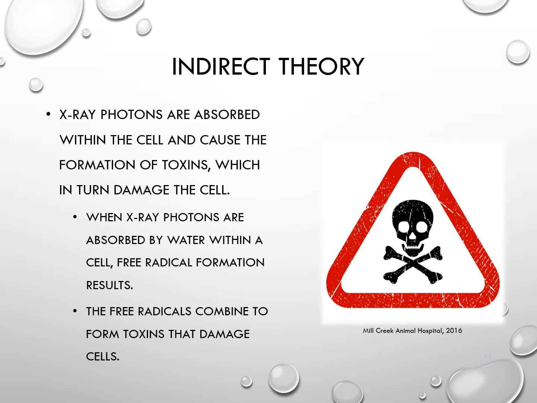This occurs more frequently than the direct theory because most of the cell is made up of water. Human cells are actually 70 to 80% water. So the photon interacting with and ionizing the H2O molecule is much more likely than it is to affect the atoms within the nucleus of the cell.